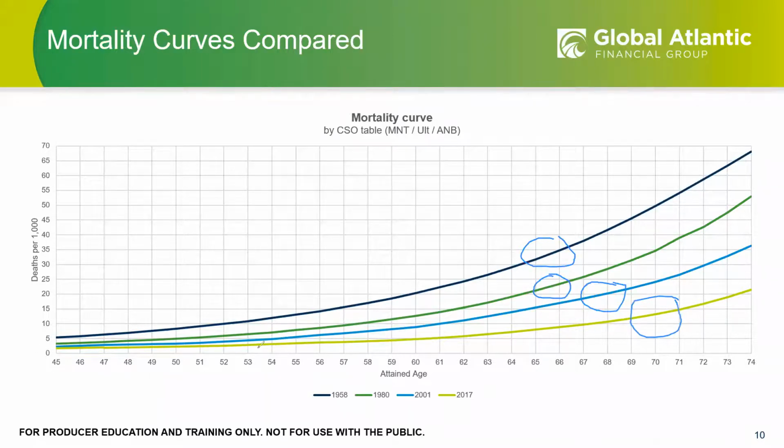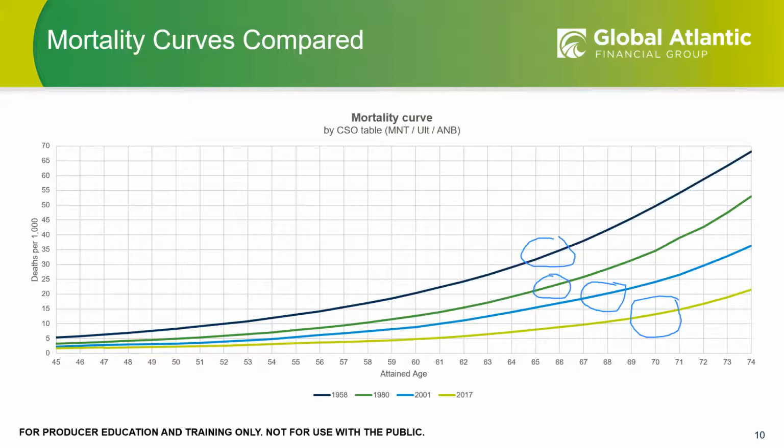So what you see is better mortality, so fewer deaths per thousand by age. That has an impact on how much premium you can actually put in, because the better the mortality, the lower your MEC premiums are.